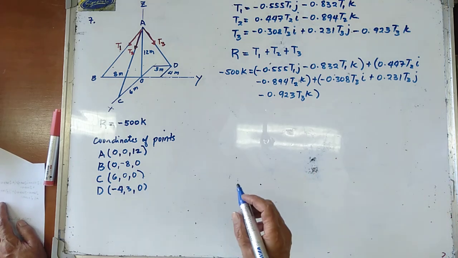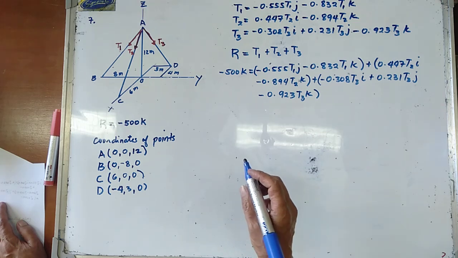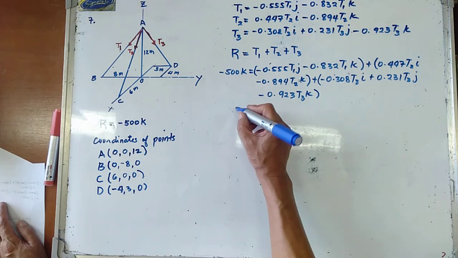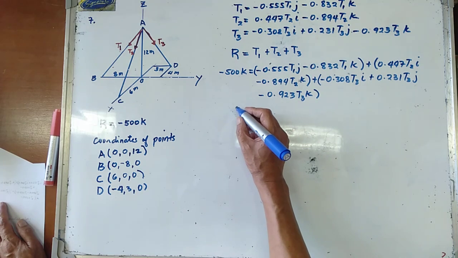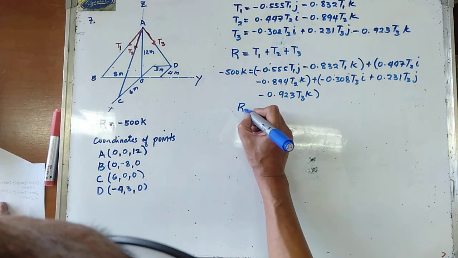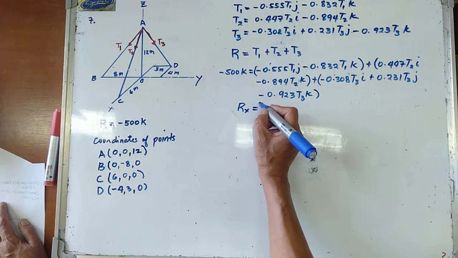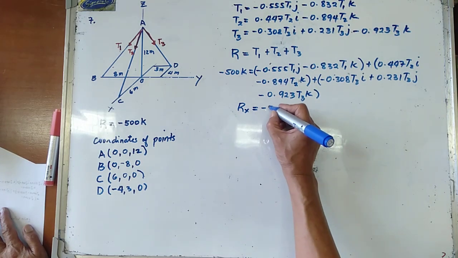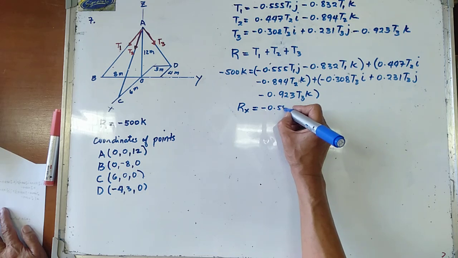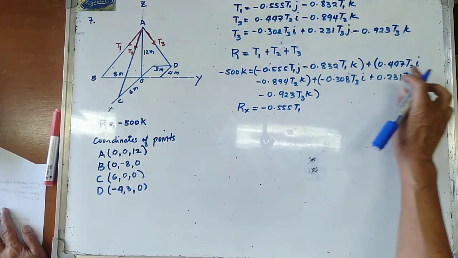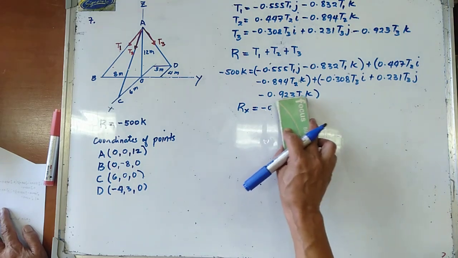Now, let us try to determine your Rx. So your Rx in here is equal to the magnitude of Rx. So your Rx is therefore equal to, so your i, minus 0.555 T1, so we have now your i.